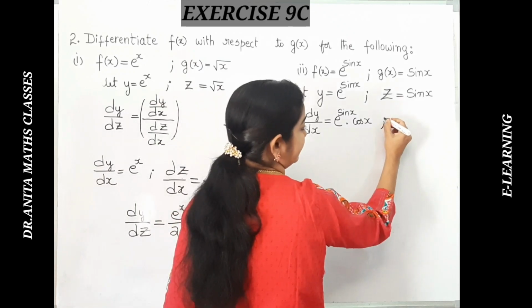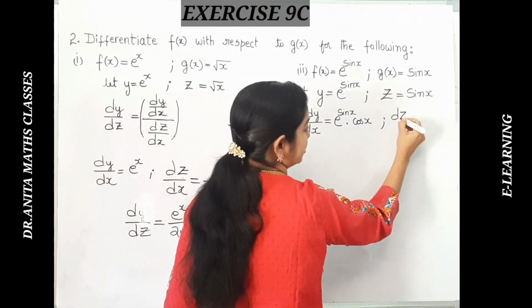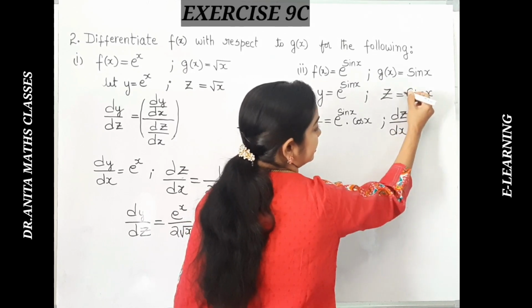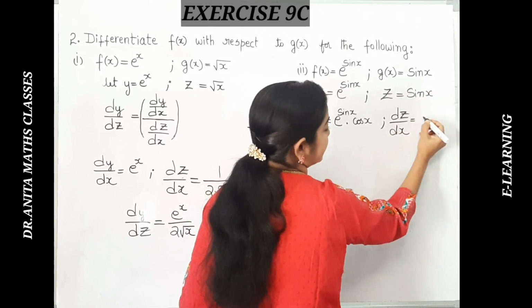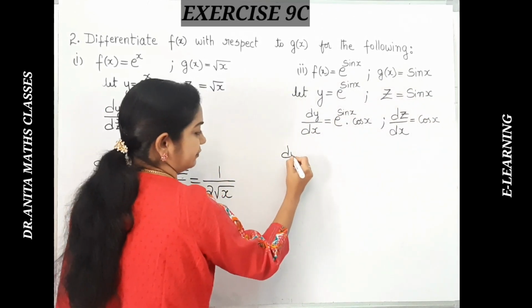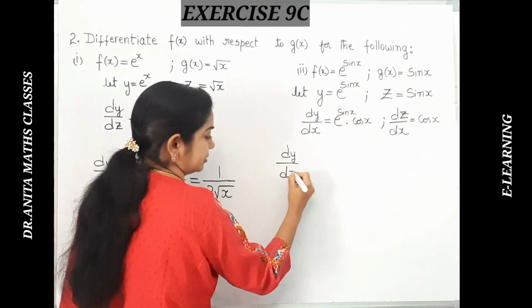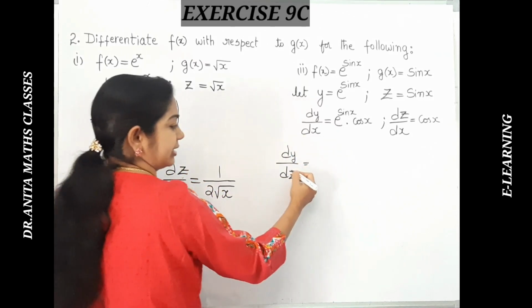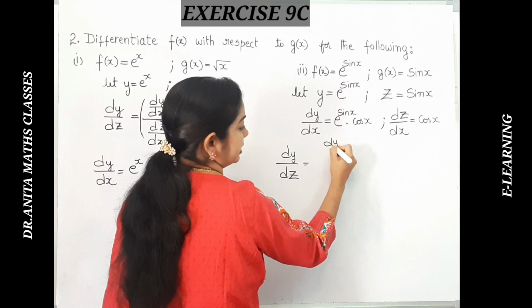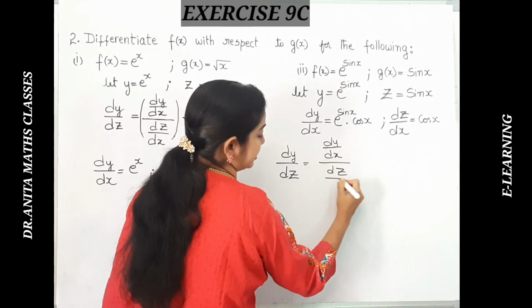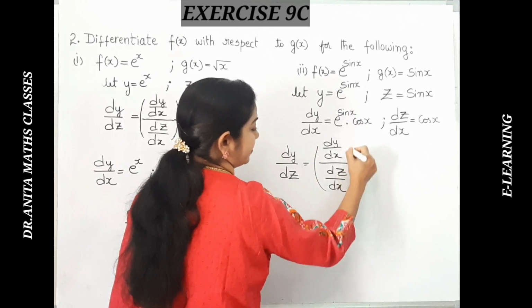And we will do the differentiation of the z function with respect to x. d by dx of sin x is just cos x. So later on we will find that the differentiation of the first function with respect to the second function is dy by dx divided by dz by dx, right?